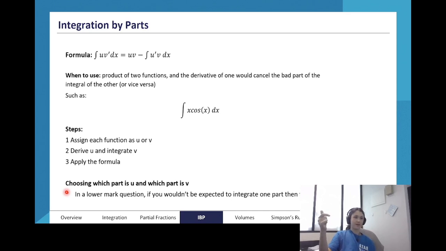And if that's the case, then if it's a lower mark question, then probably don't do it. So what I'm talking about is, a perfect example of this is if you had x ln x, right?